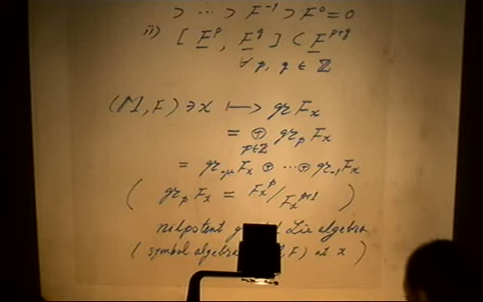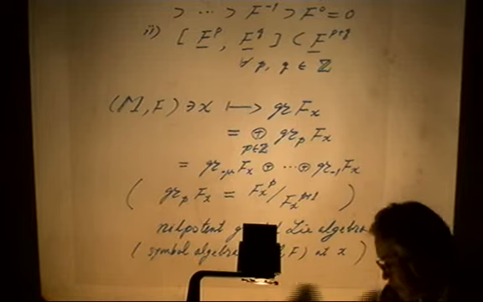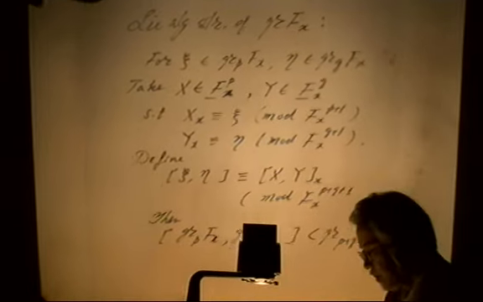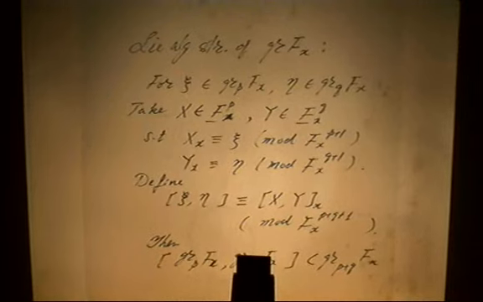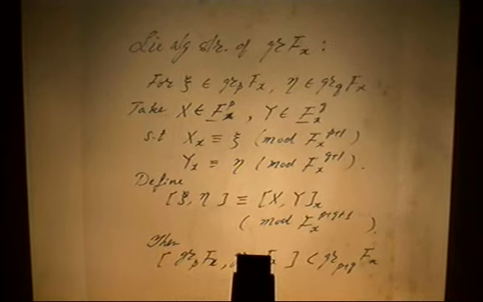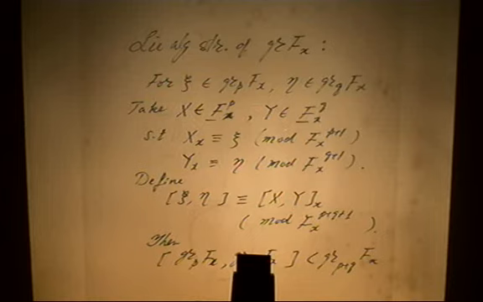A little more precisely, the bracket of ξ in gr^p F_x and η in gr^q F_x is defined in this way, where we take representatives X and Y as vector fields.